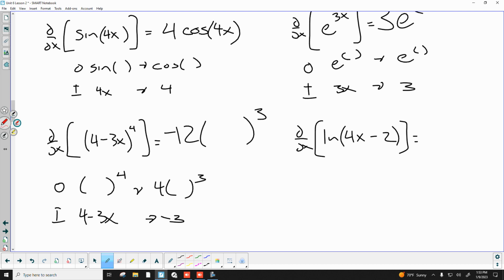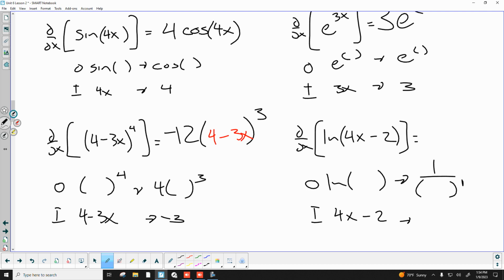What starts in the parentheses stays in the parentheses. Derivative of the outside, derivative of the inside. The derivative of log, what did you guys write? 1 over parentheses? I'm going to write it as 1 over parentheses to the first power, just for fun. And then the derivative of 4x minus 2, 4. Okay? I got 1 over 4x minus 2 times 4. Maybe you put the 4 up top.